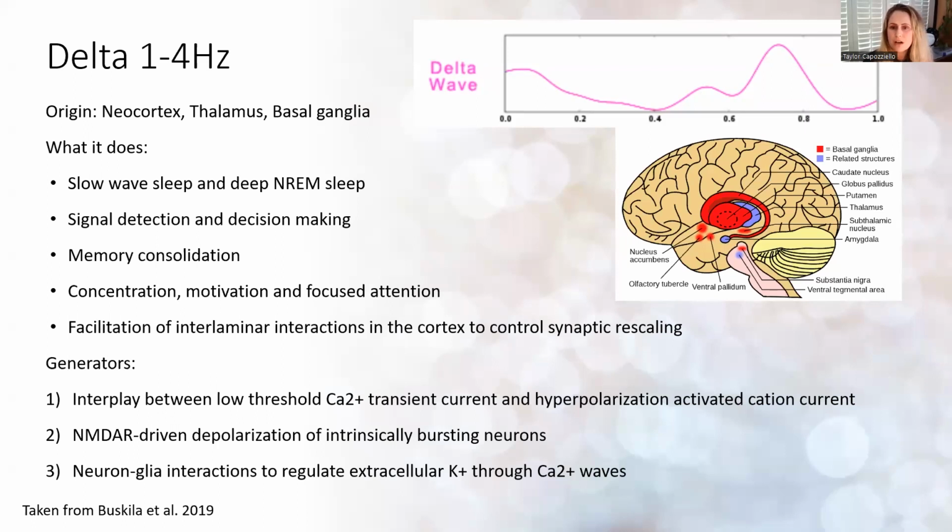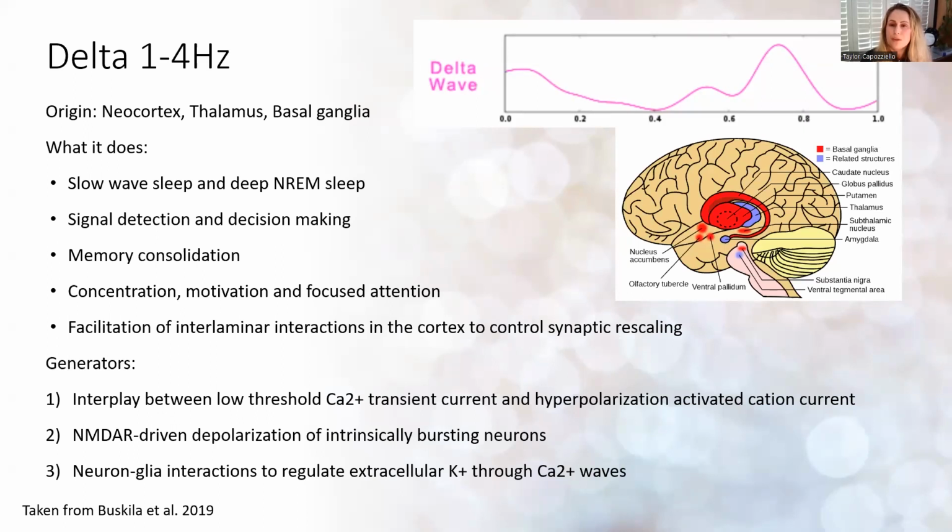The generators are an interplay between low threshold calcium transient current and hyperpolarization activated cation current, the NMDAR-driven depolarization of intrinsically bursting neurons, and the neuron-glial interactions to regulate intracellular potassium through calcium waves.